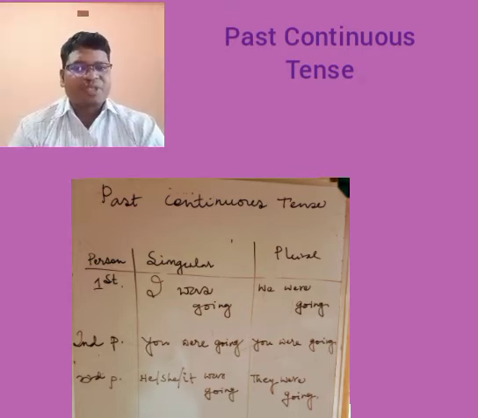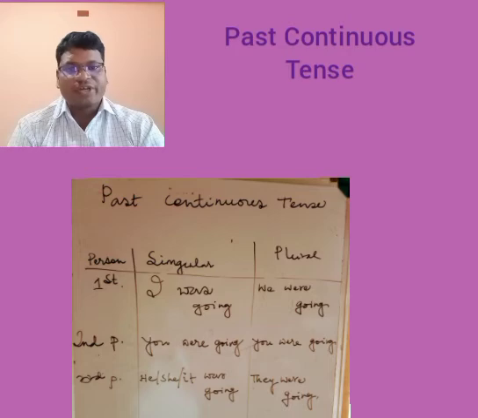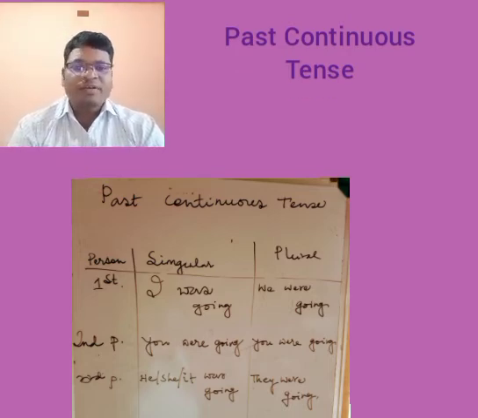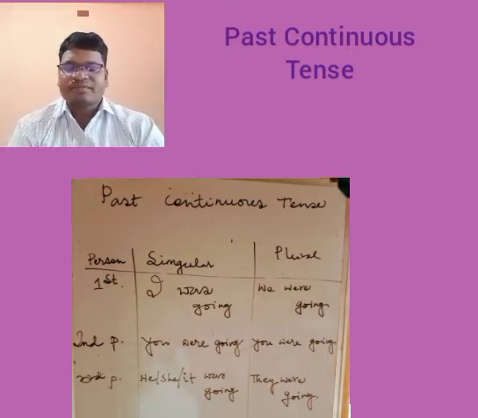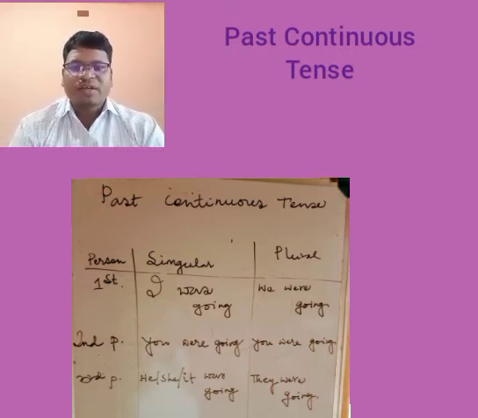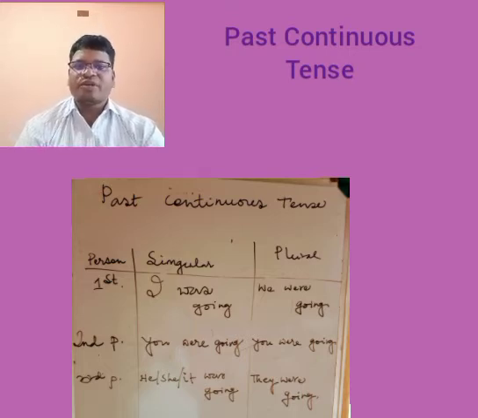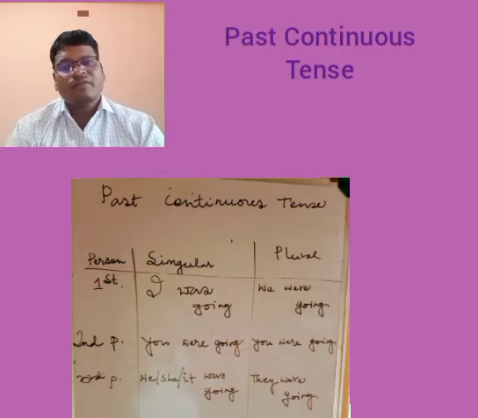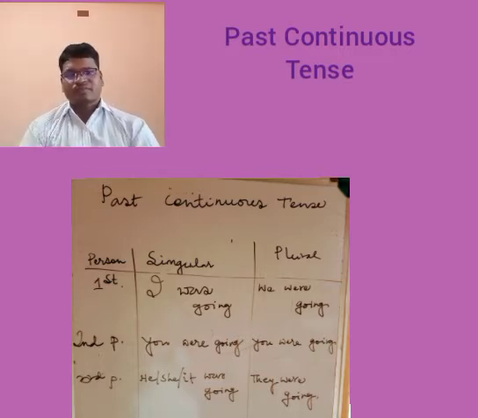Then first person plural, we were going. Second person singular, you were going. Second person plural, you were going. Third person singular, he, she, it was going. And third person plural is they were going.